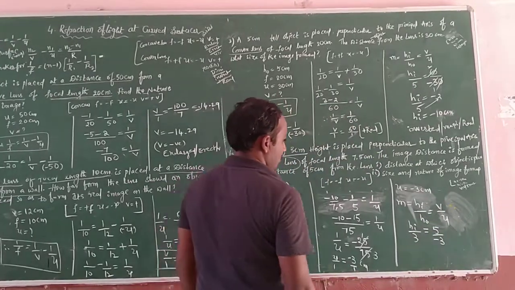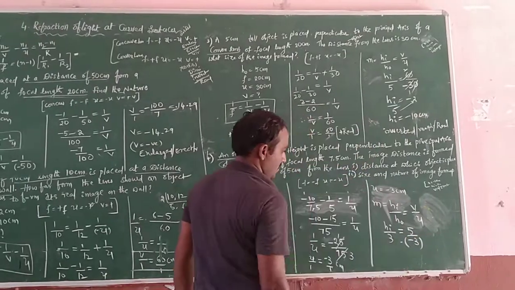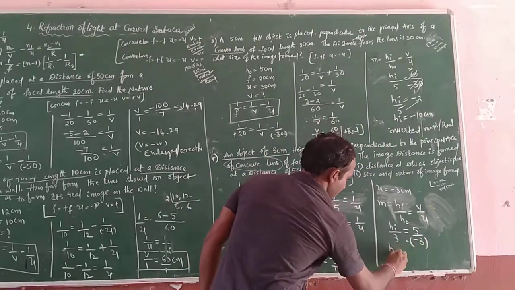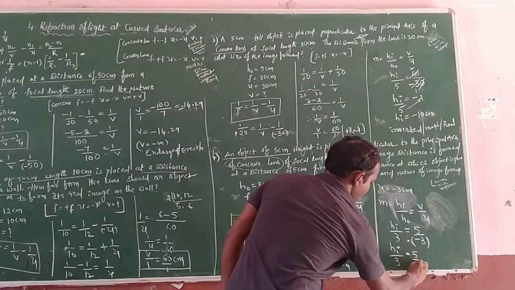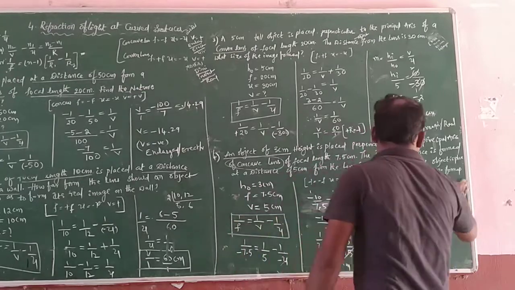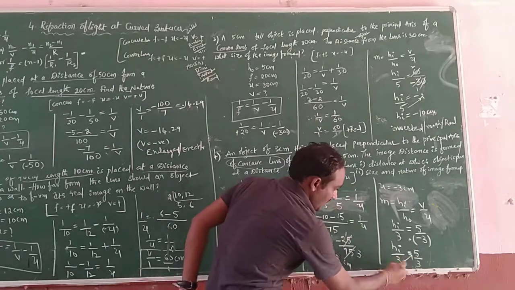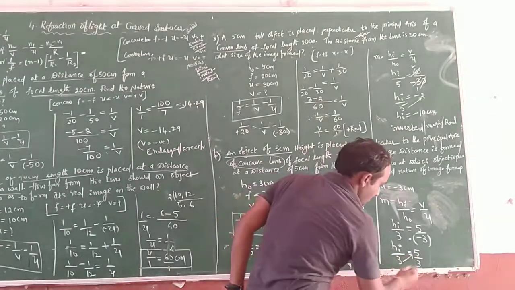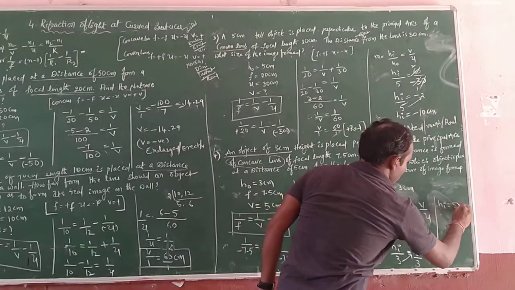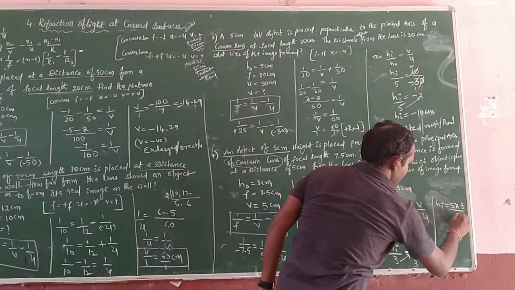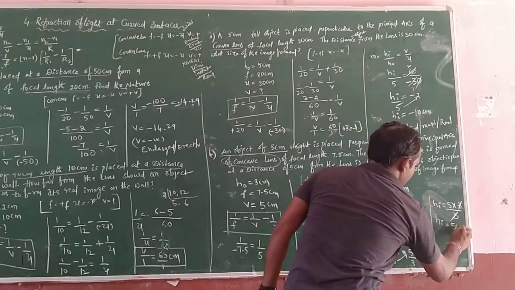Here minus again, applying the sign convention rule, minus minus plus, so hi by 3 is equal to 5 by 3. Cross multiplying, hi is equal to 5 into 3 divided by 3. The 3s get cancelled. Hi is equal to 5 centimeter.